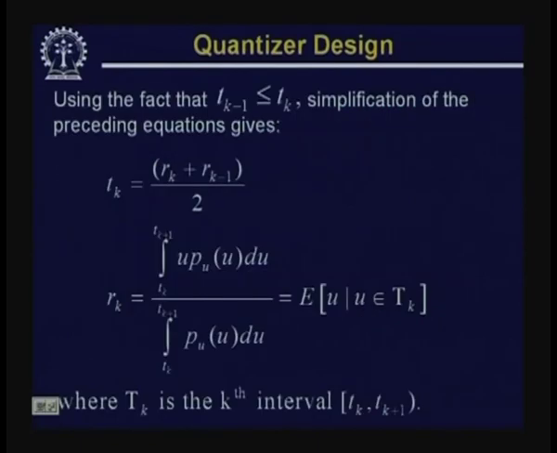So, which is given by the second equation, that is R k is equal to the integral from T k to T k plus 1 of u p(u) du, divided by the integral again from T k to T k plus 1 of p(u) du. So, this is nothing but the center of mass of the probability density between the interval T k and T k plus 1.